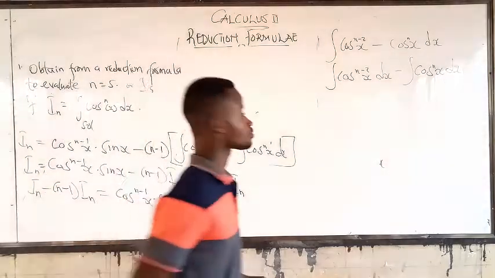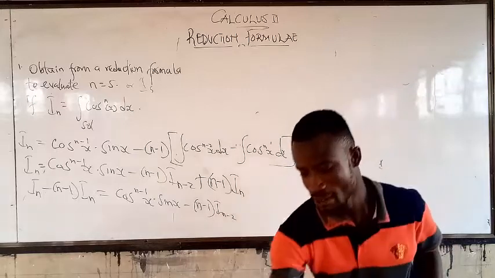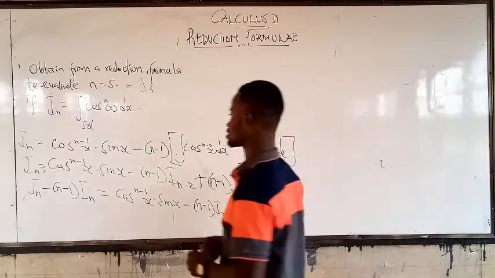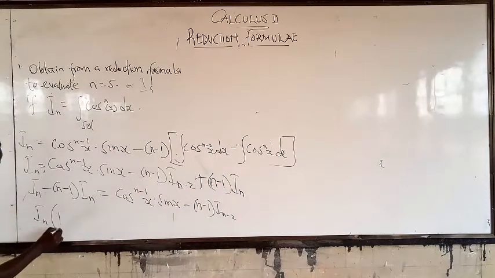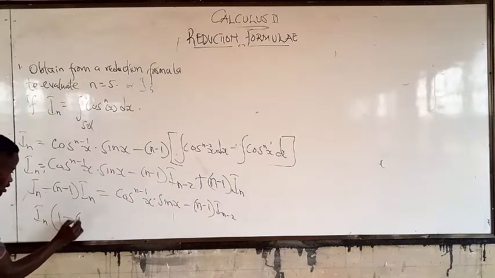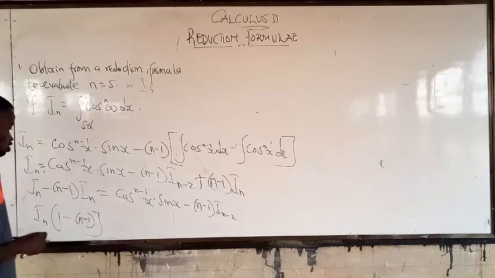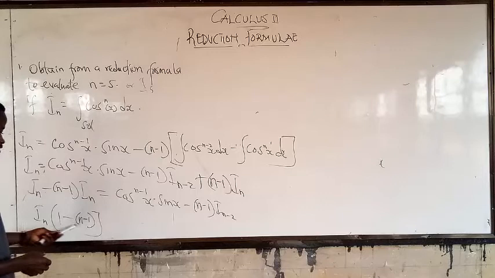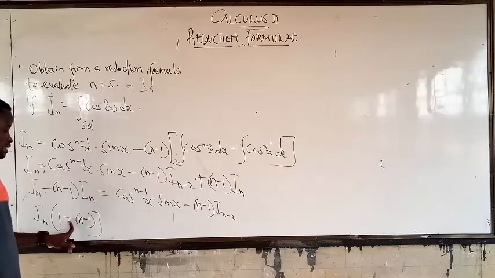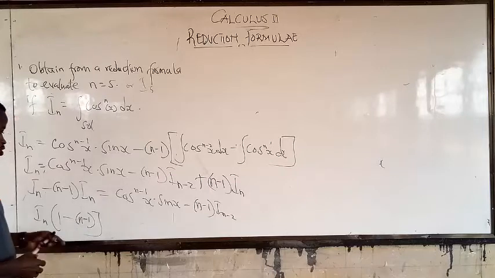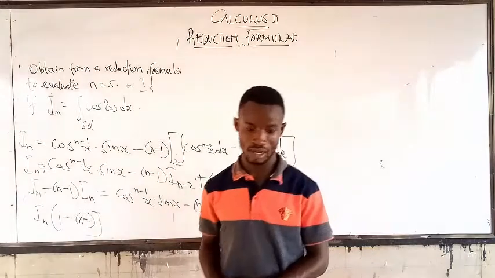Very good. So here you can see that we can factor In out. We get 1 minus n minus 1. So you can see clearly that here we are going to get 1 minus n plus 1.